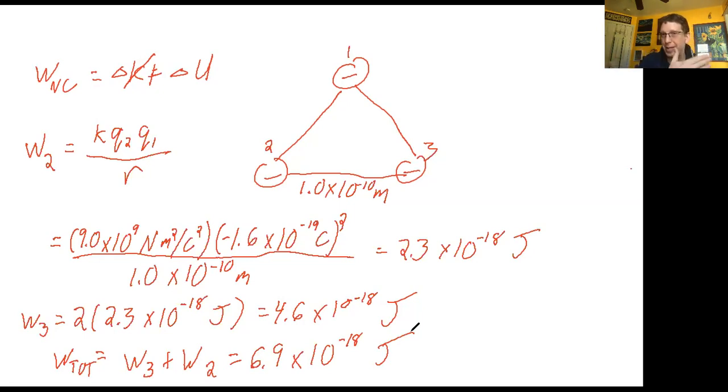And so you figure out the potential energy that's been gained in the process. So the work you do on 2 is equivalent to the potential energy it gains. The work you do on 3 is equivalent to the potential energy it gains. And so you add that total amount of work together. And again, because you're working with scalars as opposed to vectors, the math is a little bit simpler.